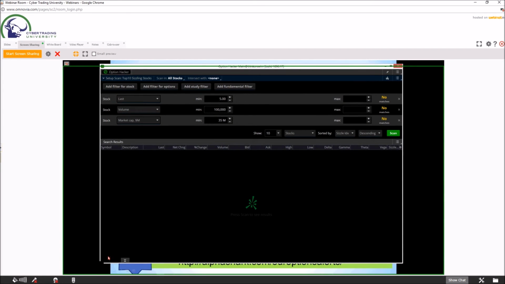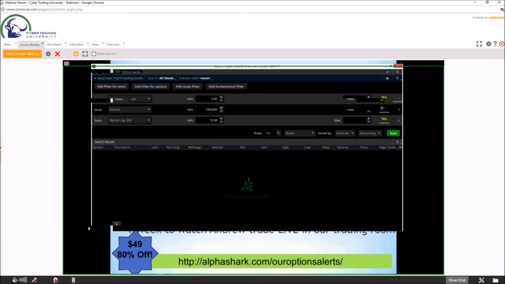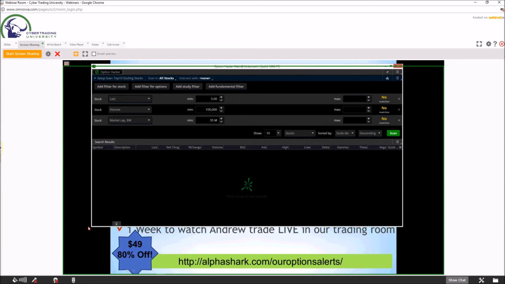A lot of traders use it to find options that are rich or expensive to trade credit spreads with, but we can use it to trade unusual options activity as well. Our scanner is completely standalone. It runs in a web-based platform, so it's platform agnostic. You don't need anything specific to run it.